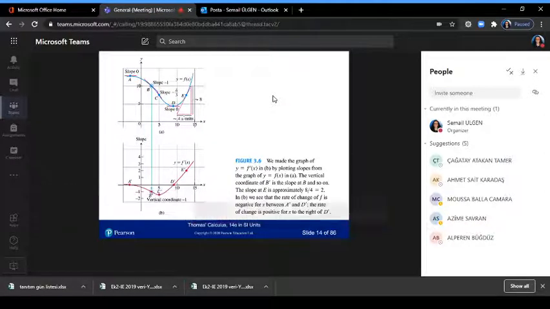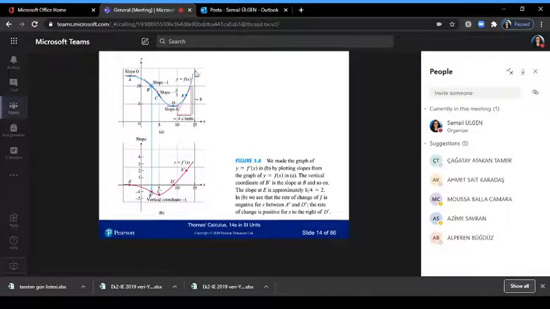Alright, so let's see. This explains the rate of change of f being negative or positive when it's going down and up. So here we have the blue one. It's good to talk about it.